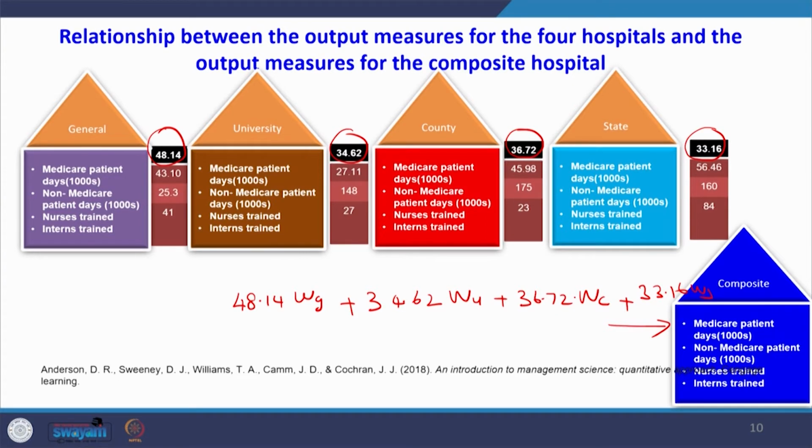Like this, there are 4 outputs. We can write constraints. We can write the 4 outputs for the composite hospital in a similar way.